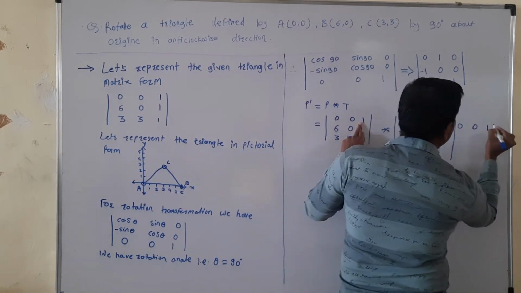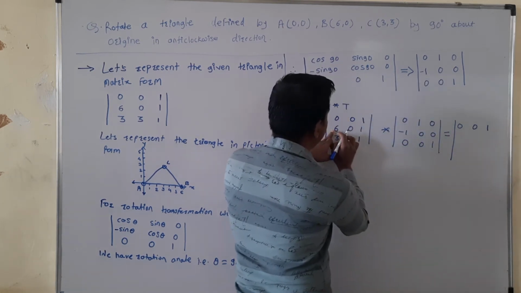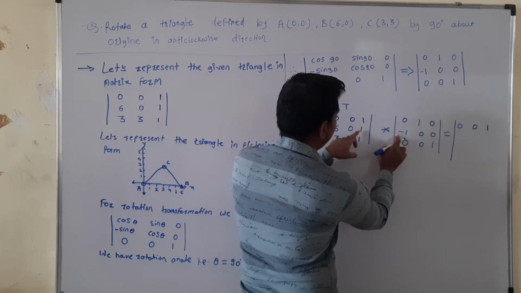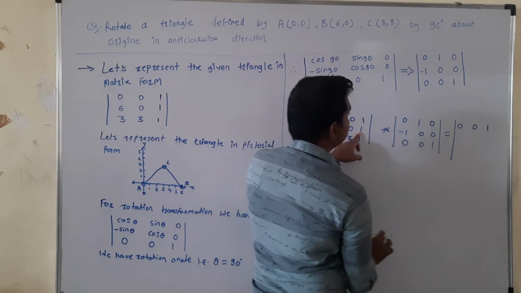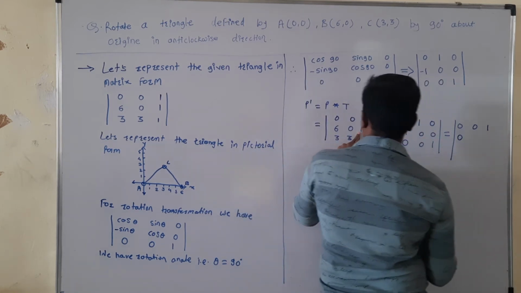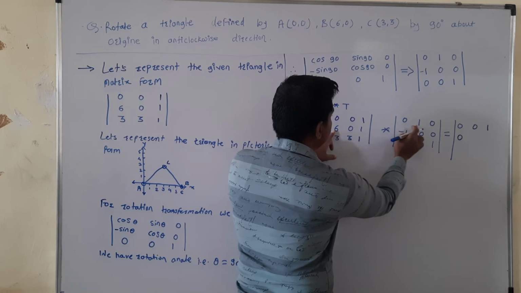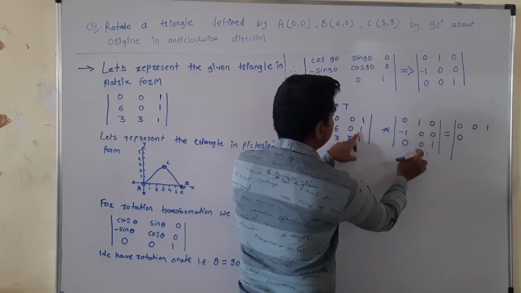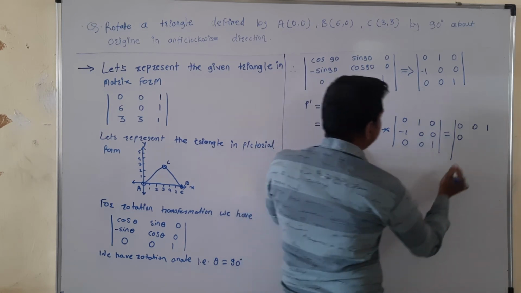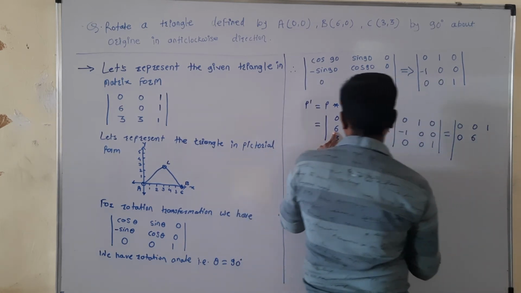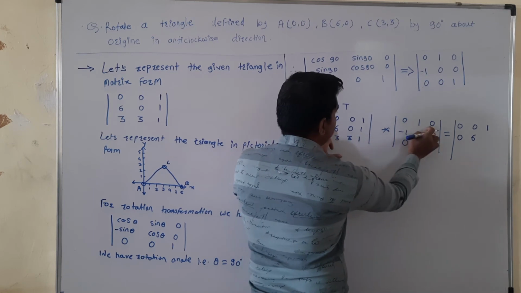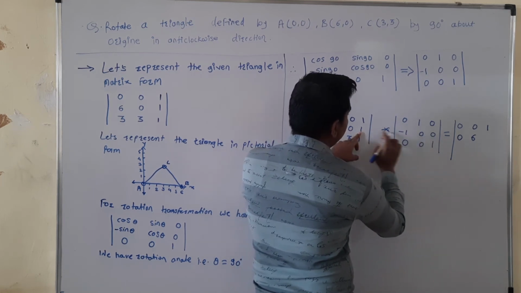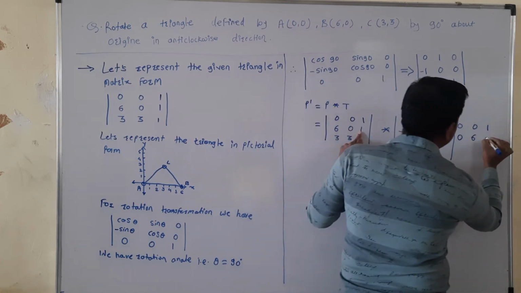That is 1. Here 6 into 0, 0, 0 into minus 1, 0, plus 1 into 0, 0. That is 0. Then 1 into 6, 6, plus 0 into 0, 0, plus 1 into 0, 0. So here we get 6. Then 6 into 0, 0, plus 0 into 0, 0, plus 1 into 1, 1. So we get 1.